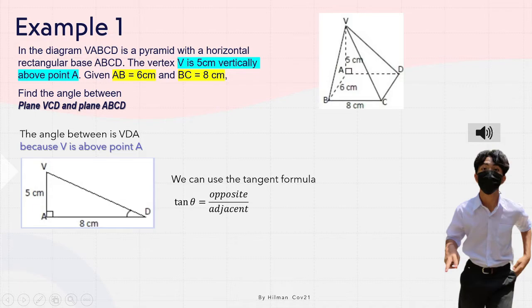So tan equals 5, which is the opposite length, over adjacent, which is 8. After the calculation, the final answer will be 32.01 degrees.